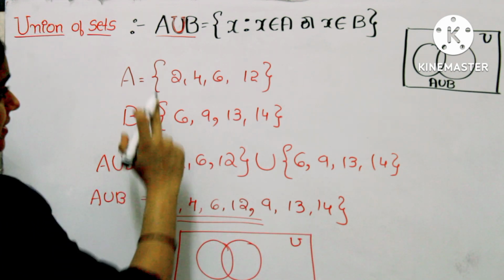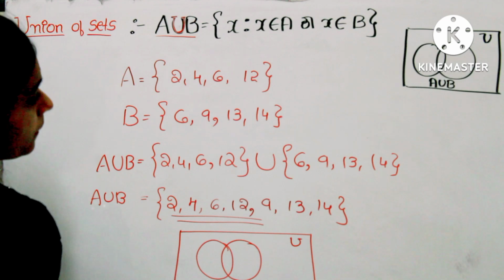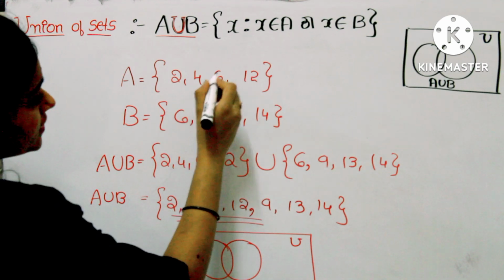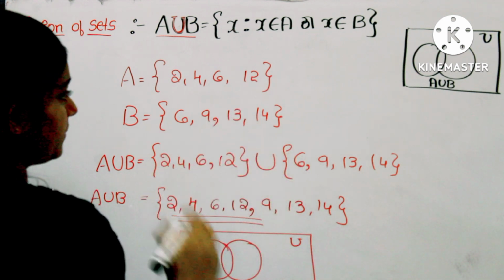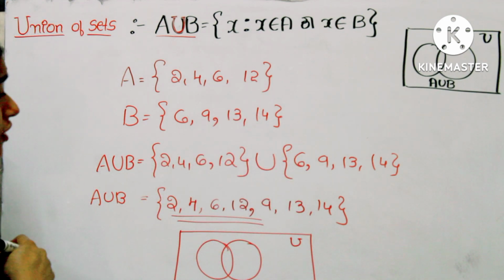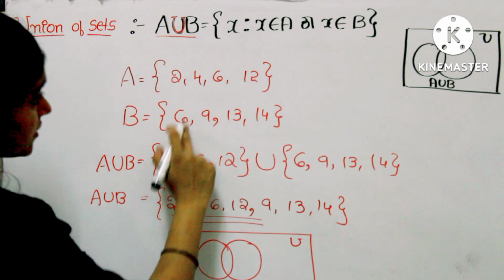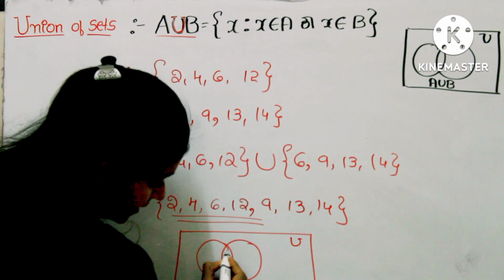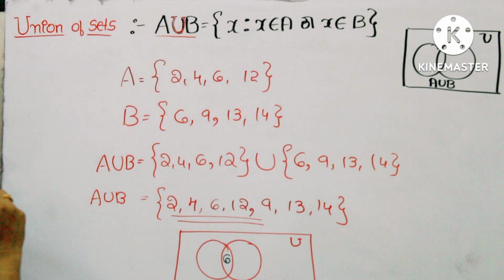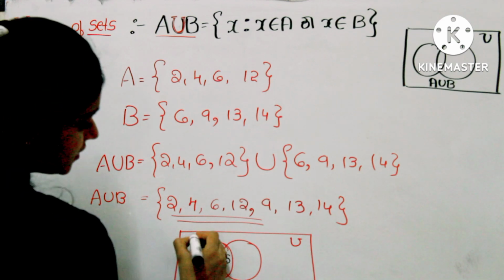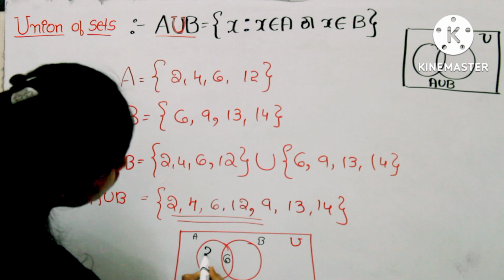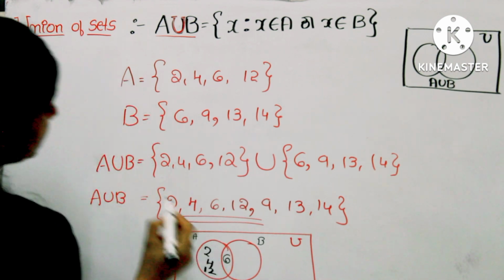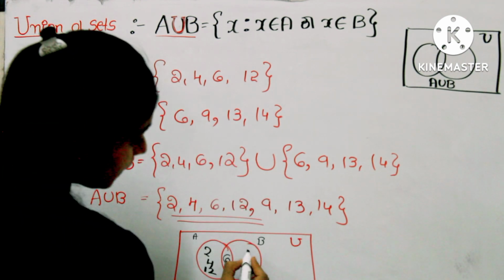A is 2, 4, 6, 12 and B is 6, 9, 13, 14. You have to write the common terms in between: 6 is a common term, so write it between. This is A and this is B. What is remaining in A? 2, 4, 12. And what is remaining in B? 9, 13, 14.